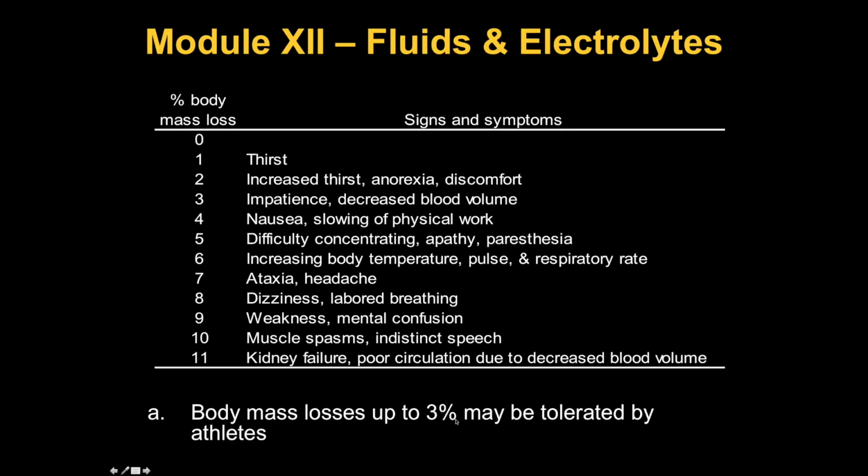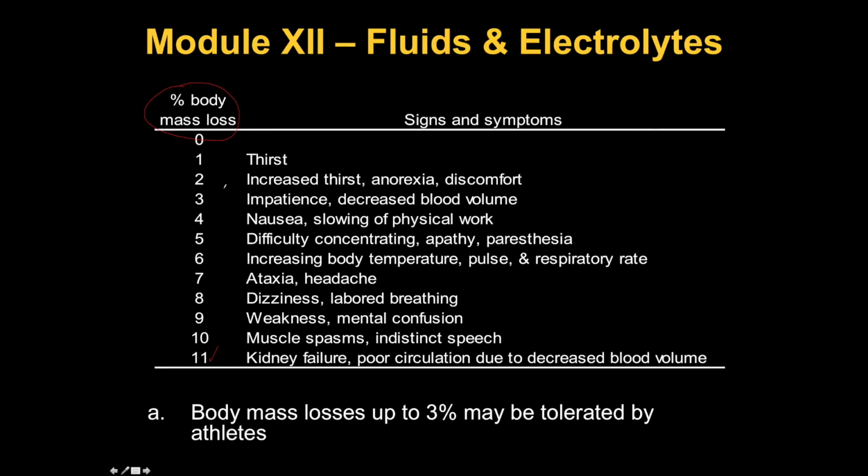So this table shows you the symptoms that someone may experience when they are dehydrated, and that's all based on the percent of body mass loss. Over here in this column we have the percent body mass loss, so 0, and then we go down 1 through 11% body mass loss.